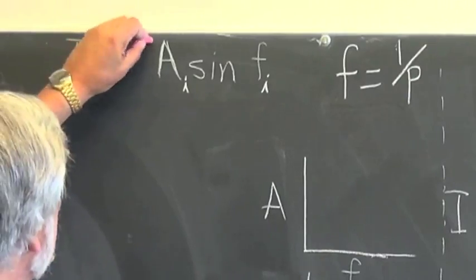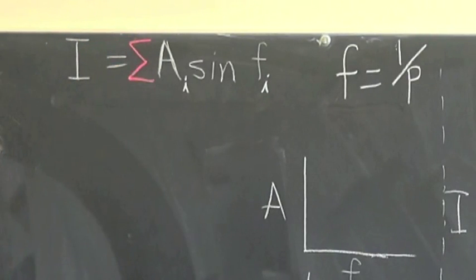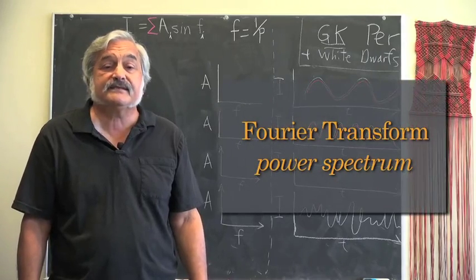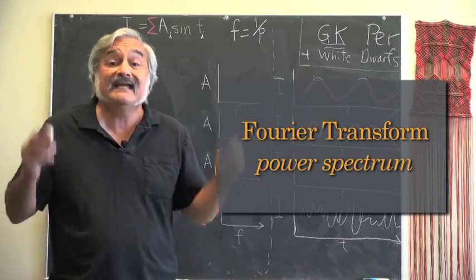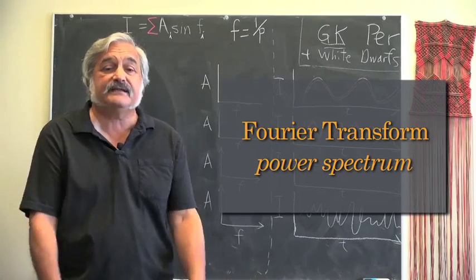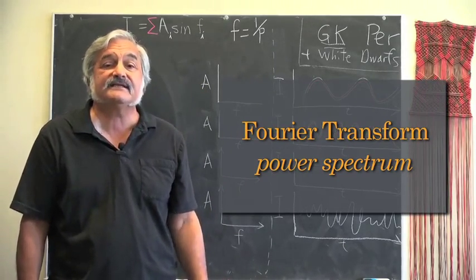It's a miracle, really. This transformation of an arbitrary curve into sinusoidal components is called a Fourier transform, or a power spectrum. Entire books have been written on this topic, and rightly so.